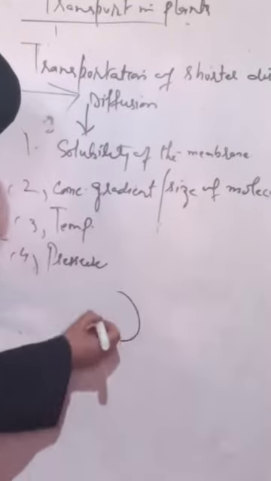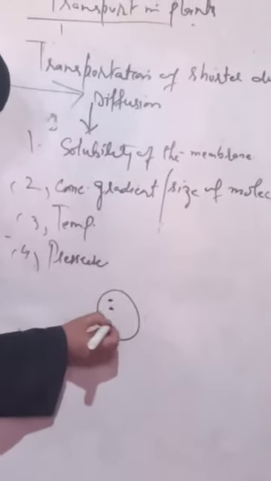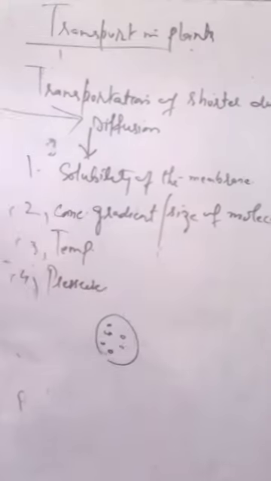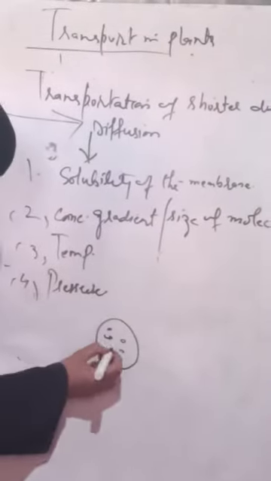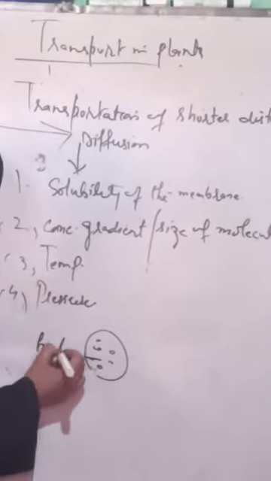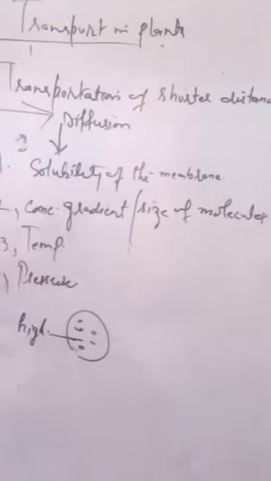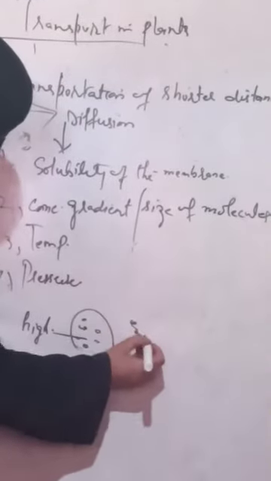For example, this is a cell, and there are the molecules inside the cell. There is high concentration and there is low concentration.